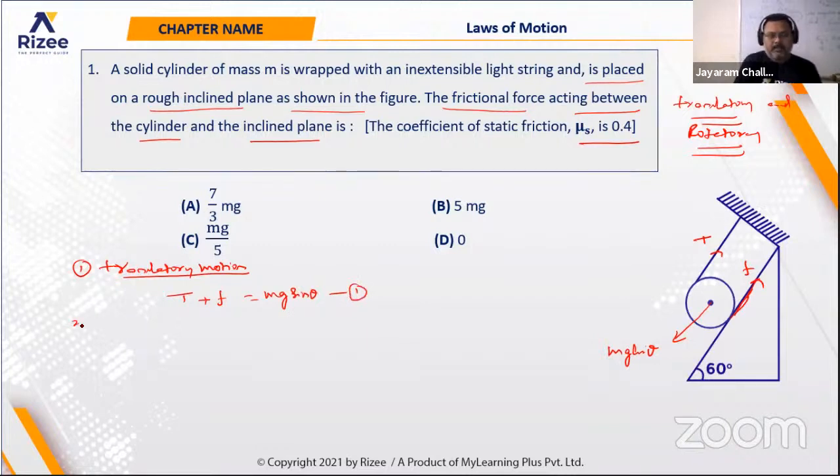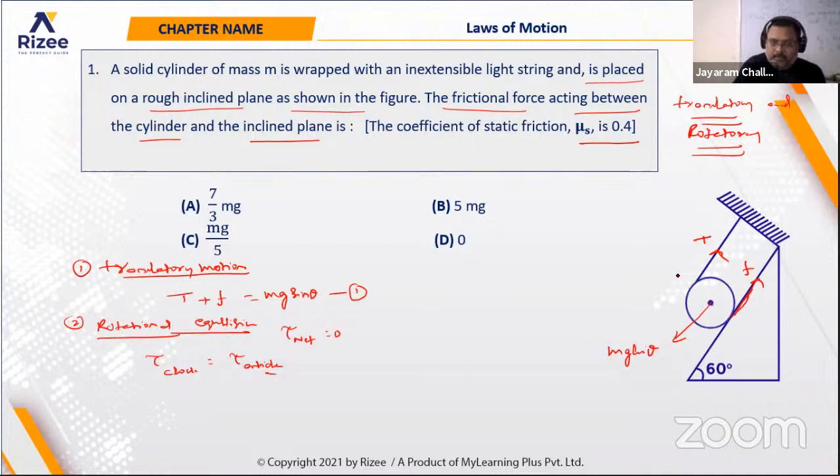Now I'll be using the rotational conditions. For rotational equilibrium, net torque is equal to 0, or tau net is equal to 0. That means clockwise torque is balanced by anti-clockwise torque.